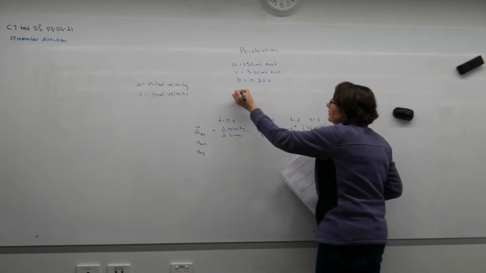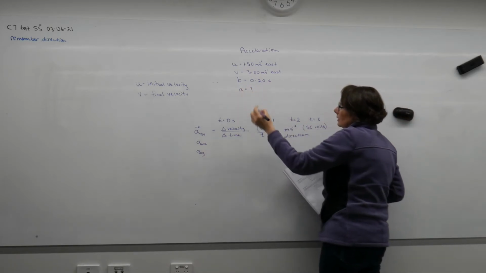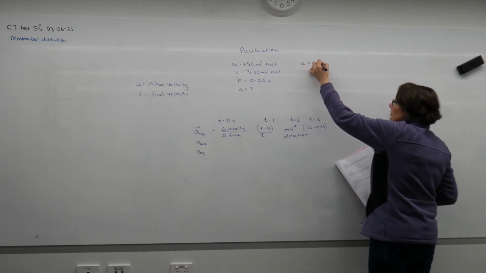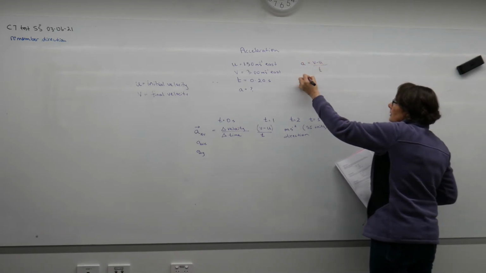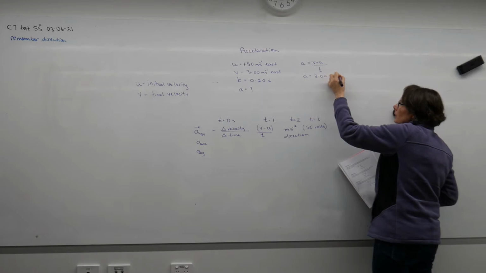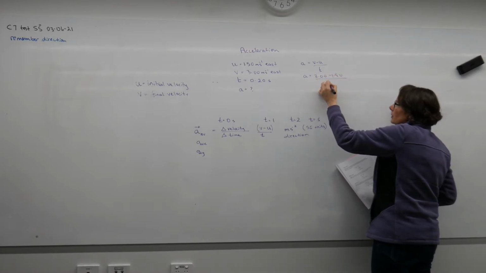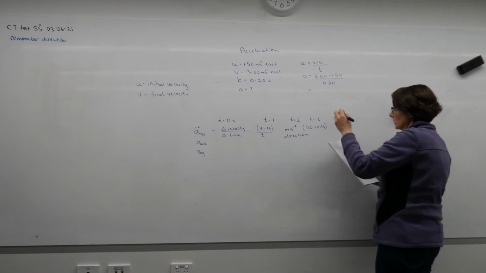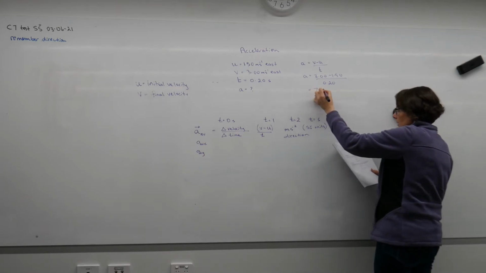Because we want to find the acceleration. So we're going to use this formula here, v minus u on t. And then it's just a matter of substituting in 3 minus 1.5 divided by 0.2. And that's going to give us, let's hope the booklet's right.